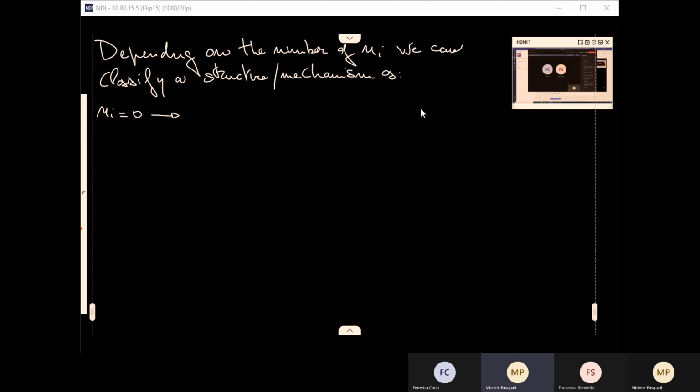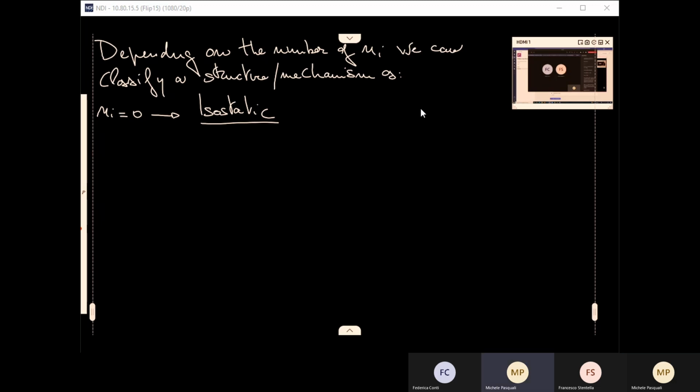This is called isostatic. This is typically what you want for a structure, not for a mechanism. Okay, because for a structure you want it to be stable in a general sense. Not for a mechanism, because if it's isostatic, a mechanism means that it's stuck, right? Cannot move.